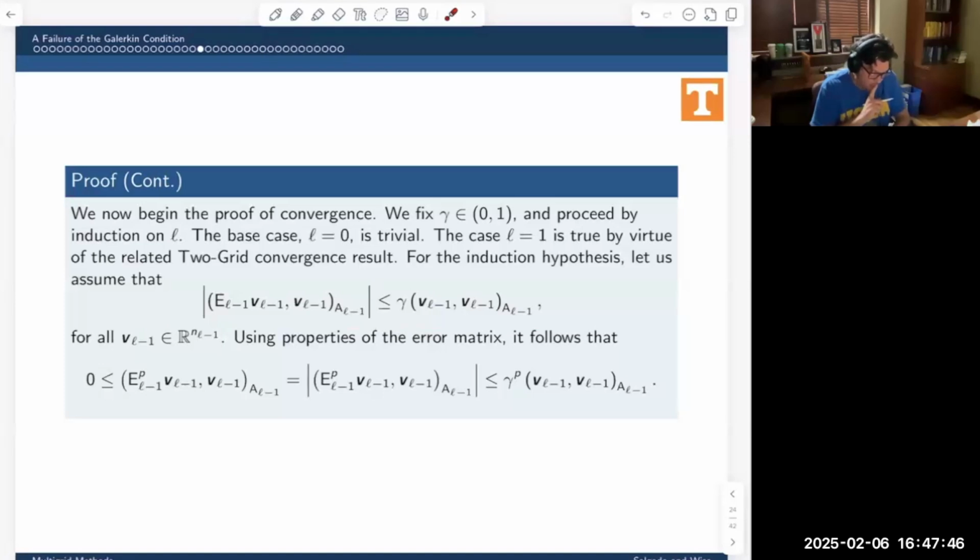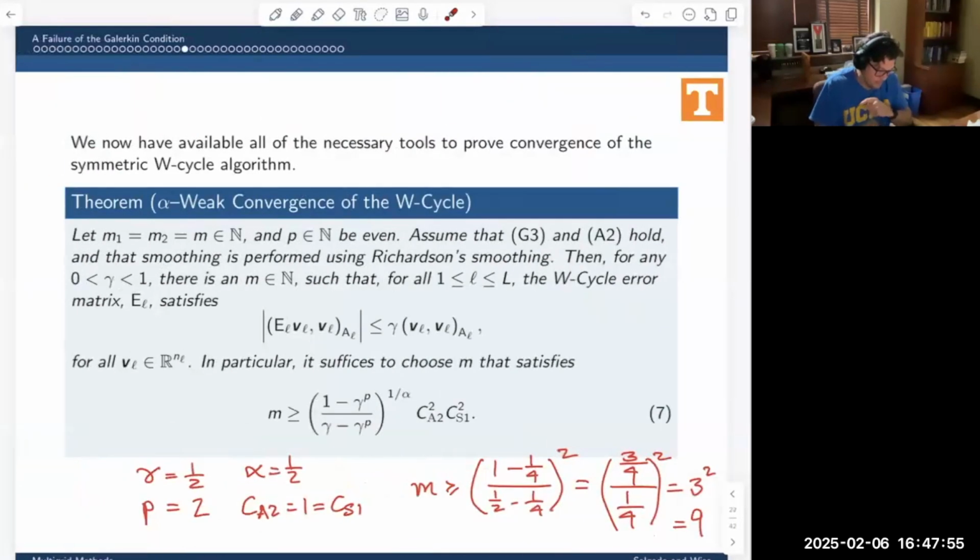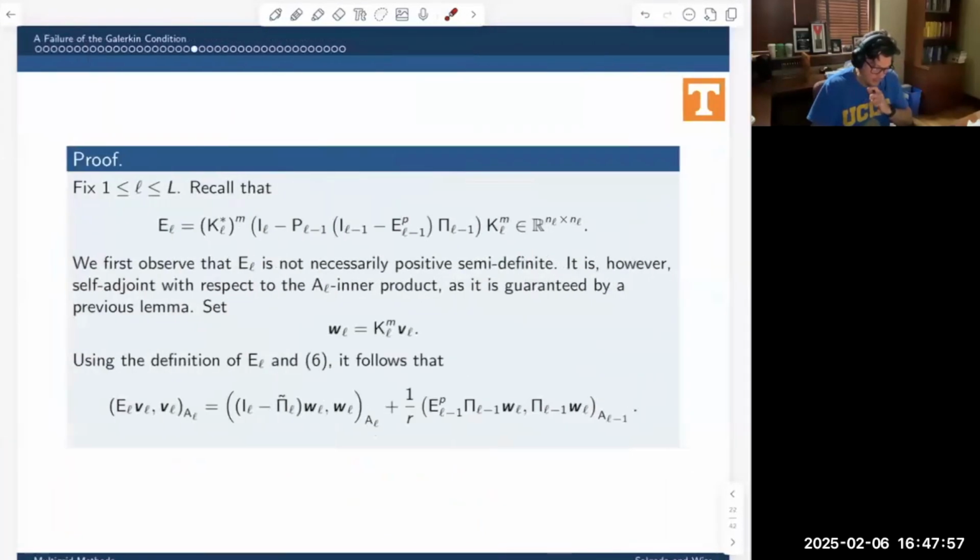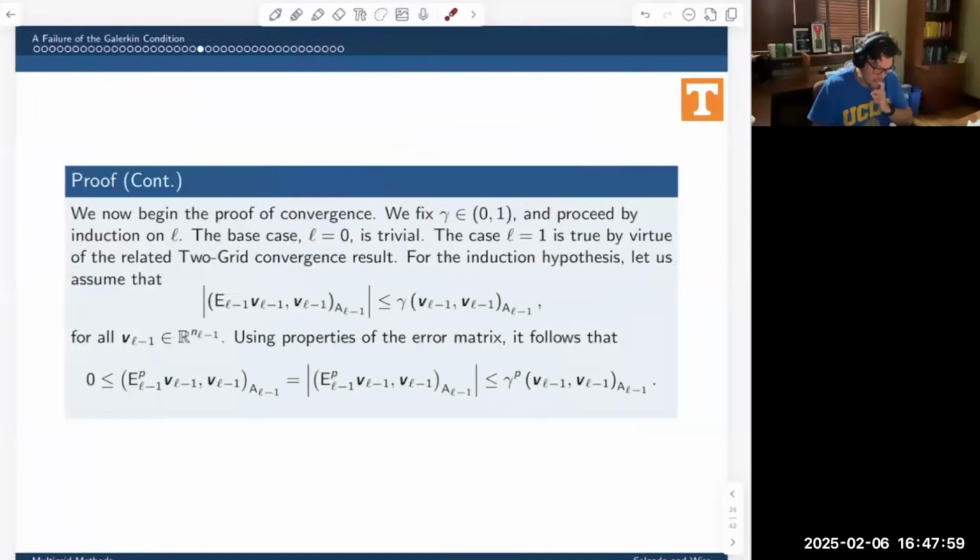Now, let's further assume that P is even. So that was part of our assumptions. P is even. So P being even, we said that means that this matrix is going to have a sign, right? And it had to be this full matrix here. So before I forgot to put on the P, but now we know the P has to be there.